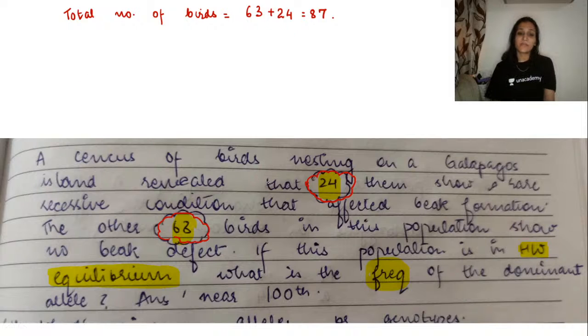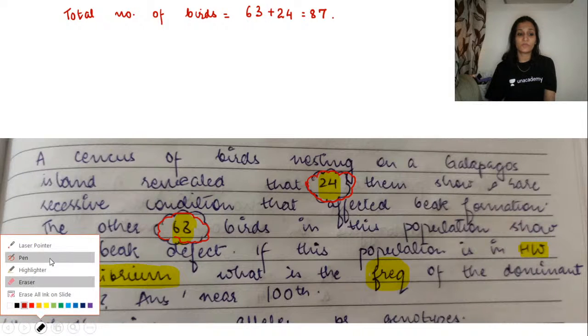Now here they are telling you about the genotype. Here they are telling you about q square, and this is your q, or qq. So this is what they are telling you.